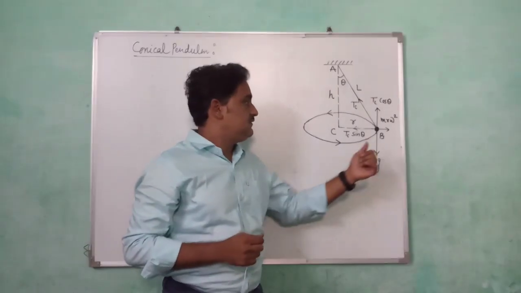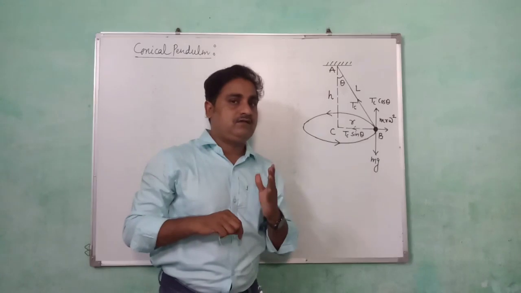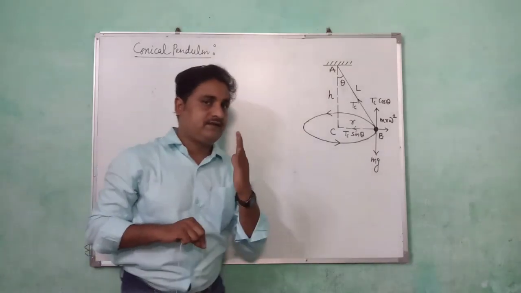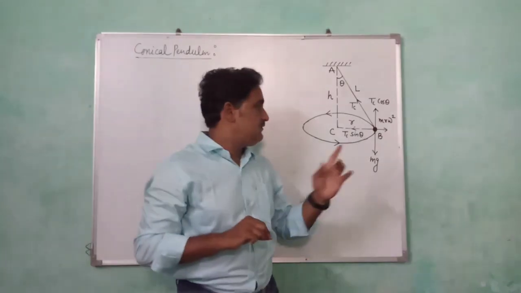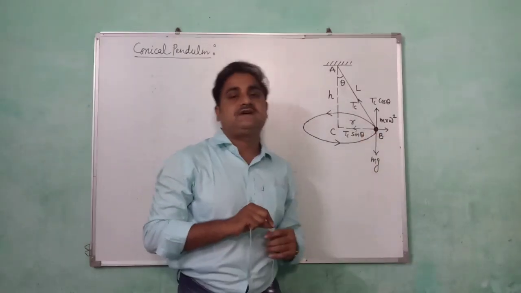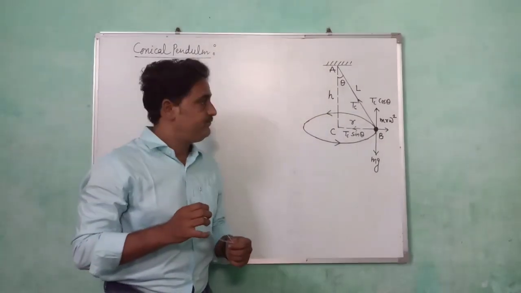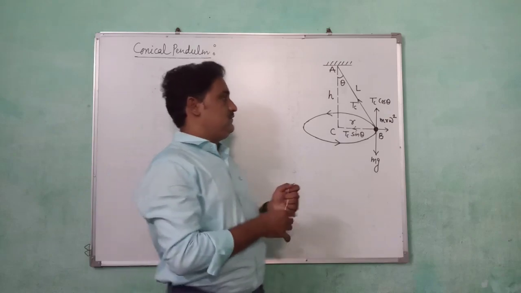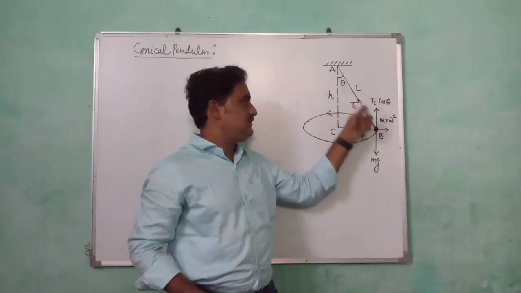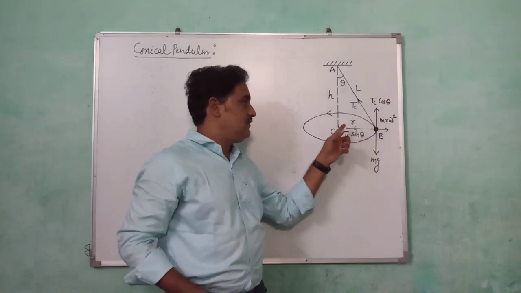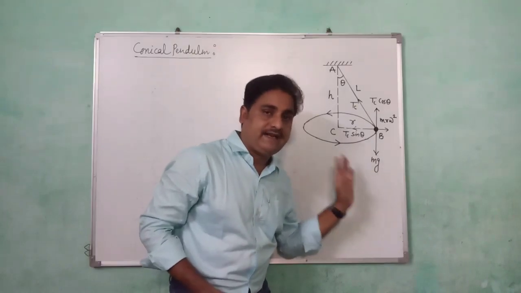As the bob is revolving in the horizontal circle, the net vertical forces cancel each other out, and only two forces are acting on the spherical bob. What are those forces? The two forces acting on the bob are the tension in the string and the weight of the bob, mg, in the downward direction.